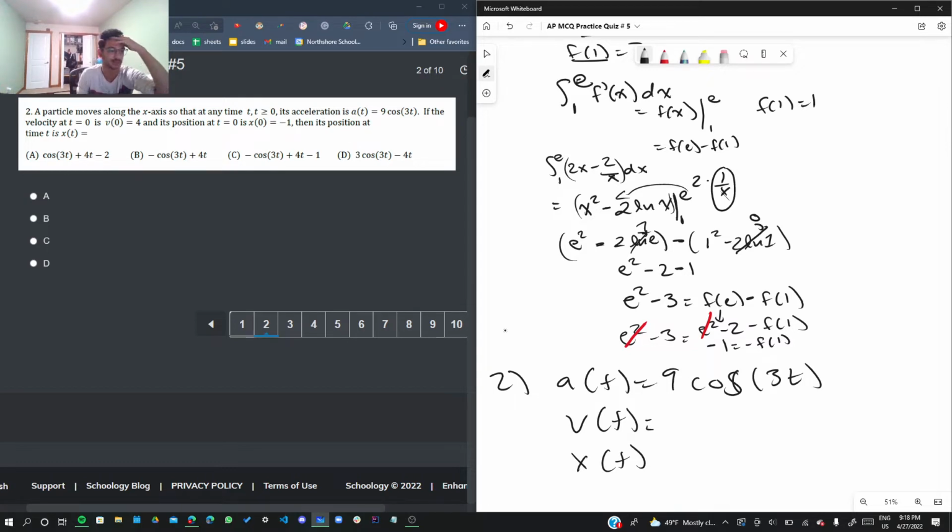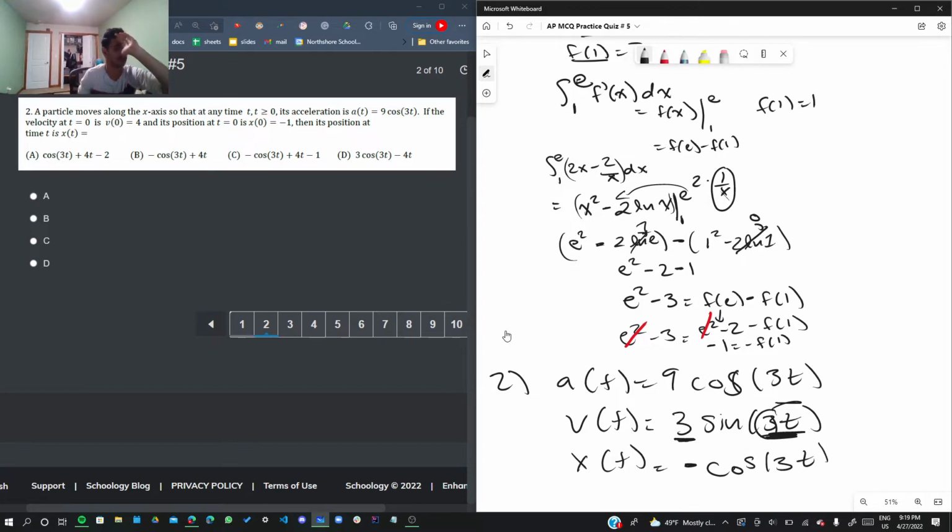This is u substitution, but I already know just by dealing with these for such a long time that this is going to be 3 out here, because when you take the derivative, you multiply by 3 with chain rule. So when you're doing the other way around, you have to divide by 3. So here we have 3 sine 3t, and then when you take the integral again, it's going to be negative cosine 3t. That's going to be the start, at least.